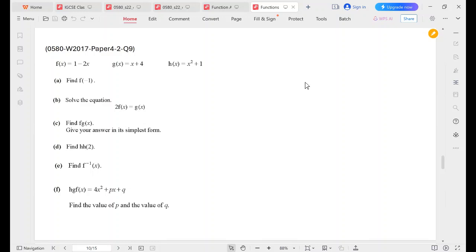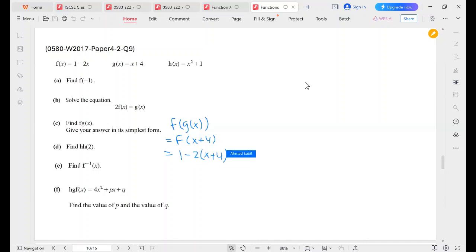In C, we are required to find f of g of x. So f of g of x is the same as saying f of x plus 4, because g of x equals x plus 4. And we can just plug x plus 4 into f of x. And this gives us 1 minus 2 times x plus 4.